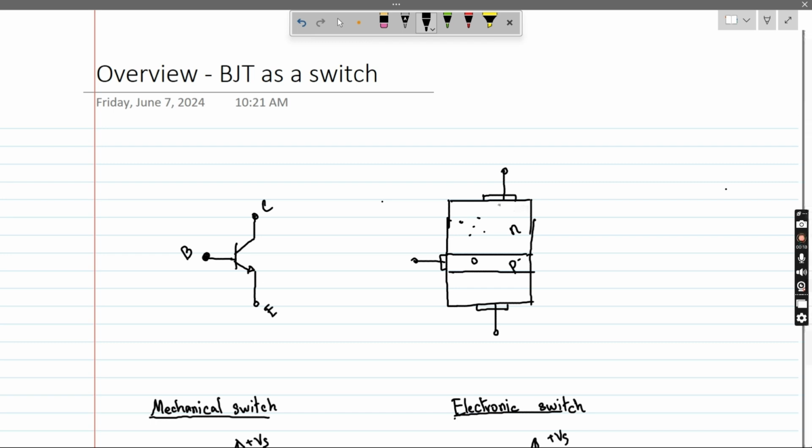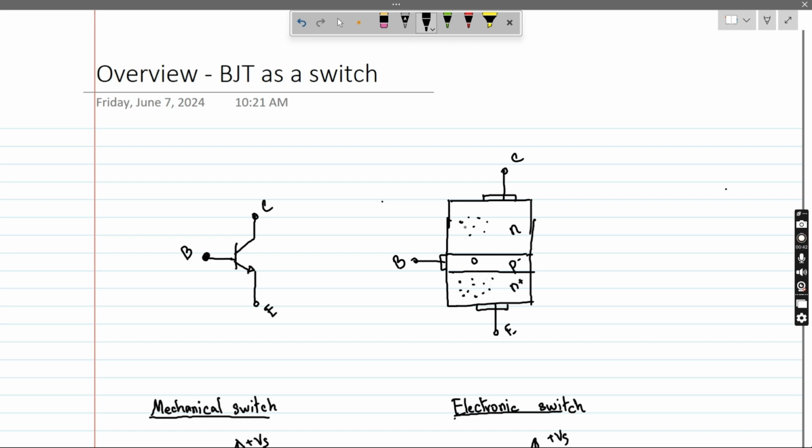The collector is a large region consisting of N-type material, and the base is a thin region of p-type material, and the emitter is a moderately sized region with heavily doped N+ material, and hence the emitter consists of a large amount of free electrons.